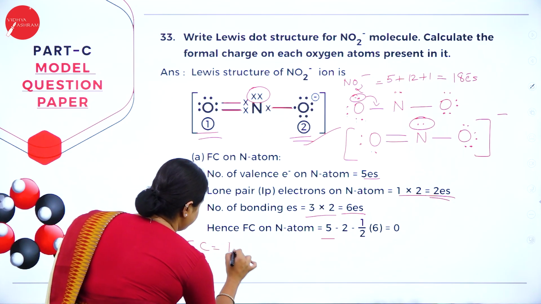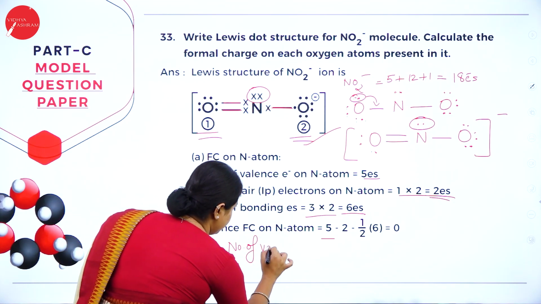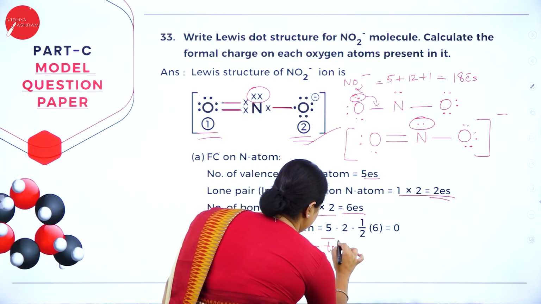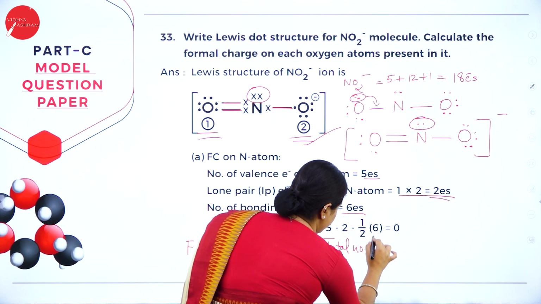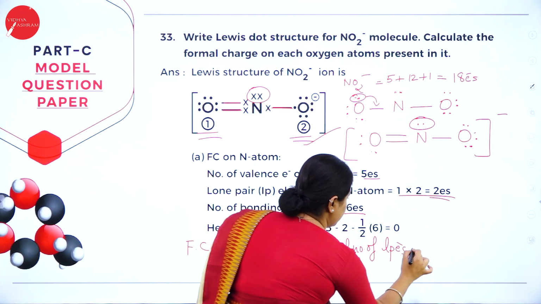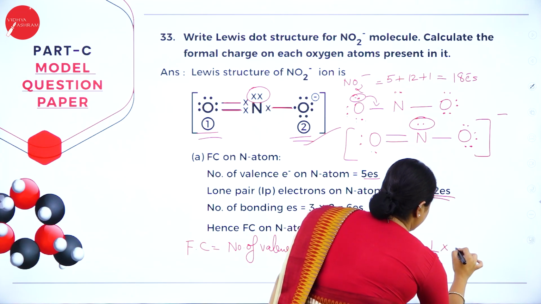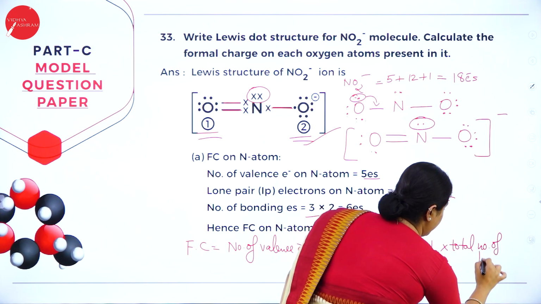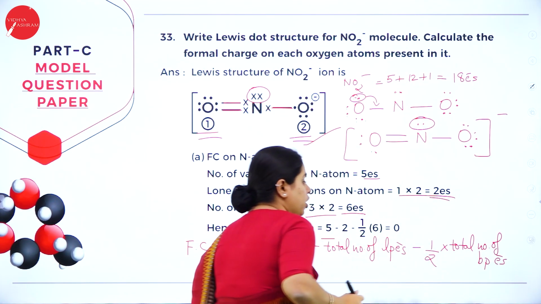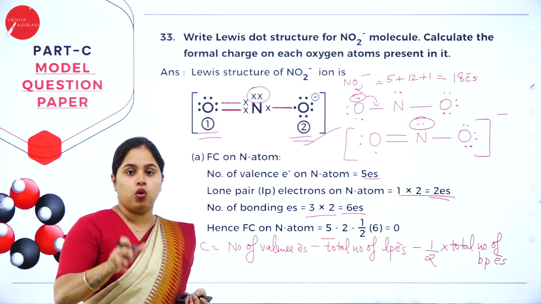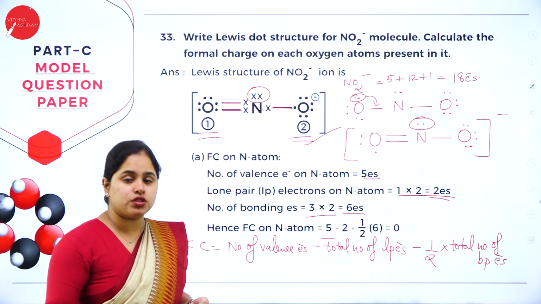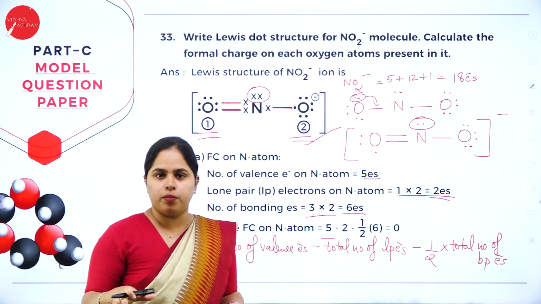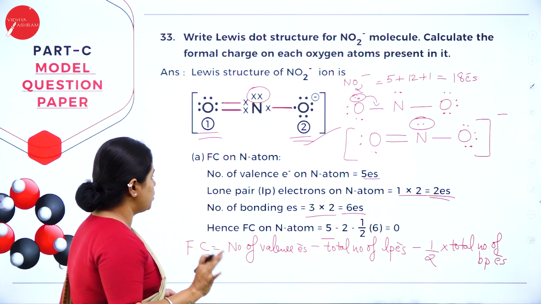Formal charge is equal to number of valence electrons minus total number of lone pair of electrons minus half of total number of bond pair of electrons, right? So it's very important. It is not the bond pair or lone pair, it is lone pair of electrons, bond pair of electrons. So you calculate how many lone pairs or bond pairs there are, and multiply by 2. So I hope it is clear.